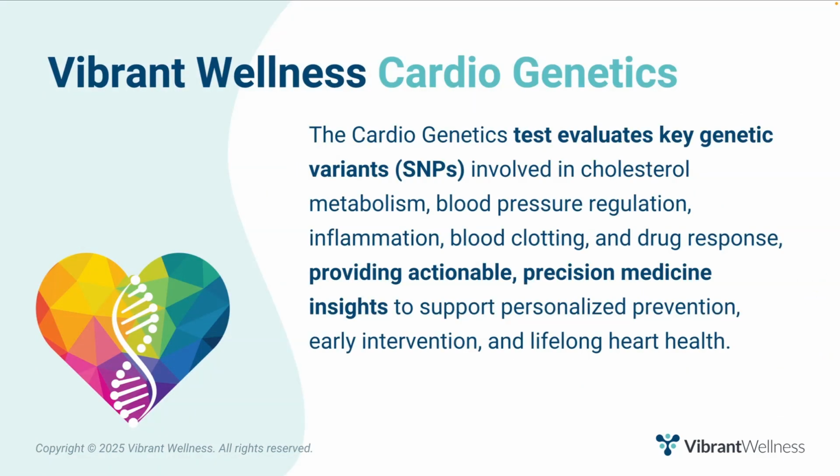At Vibrant, this research isn't just academic, it translates directly into clinical practice. APOE genotyping is part of Vibrant's Cardiogenetics test. Cardiogenetics evaluates key genetic variants involved in cholesterol metabolism, blood pressure regulation, inflammation, blood clotting, and drug response, providing actionable precision medicine insights for personalized prevention, early intervention, and lifelong heart health.